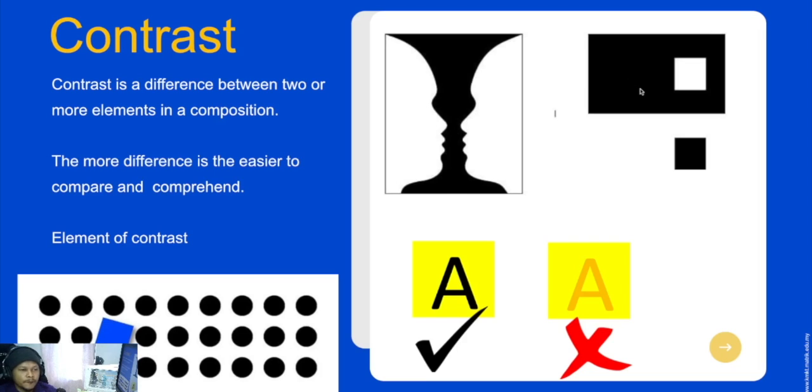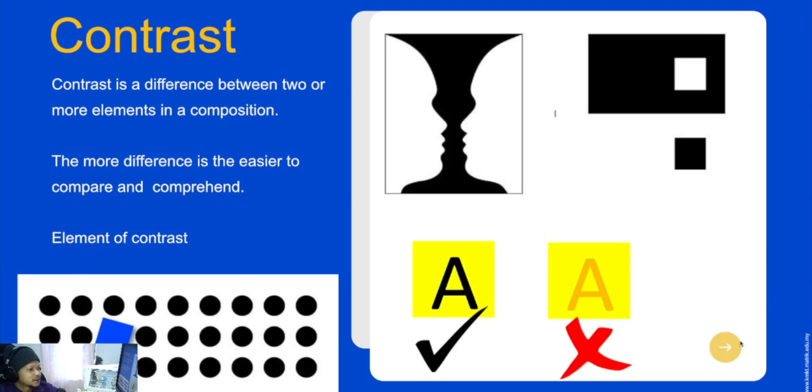Here using color, black and white, that is very contrasting. And for the A in the box, beside that A there is a yellow background and the font color is red. That cannot show a strong contrast, so the reader cannot see clearly.